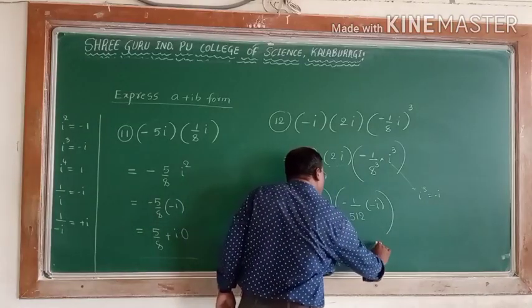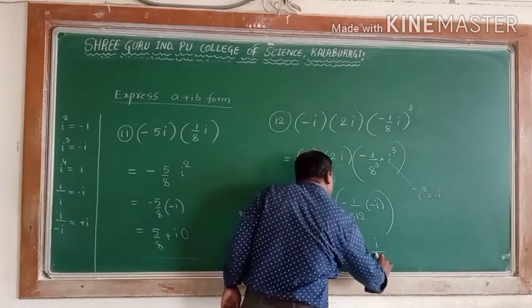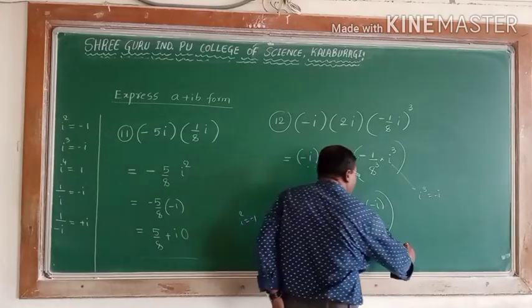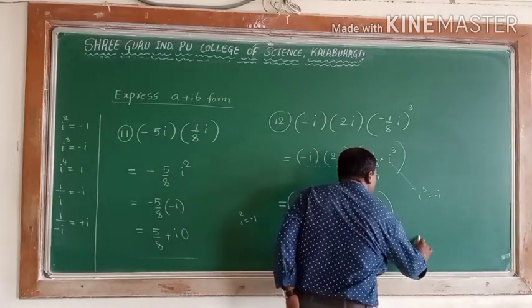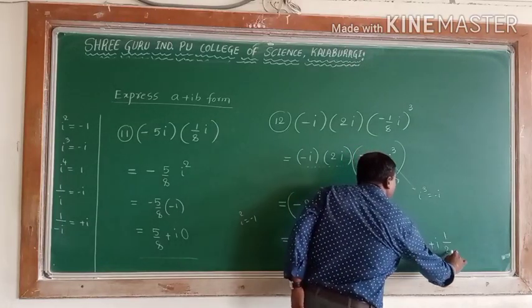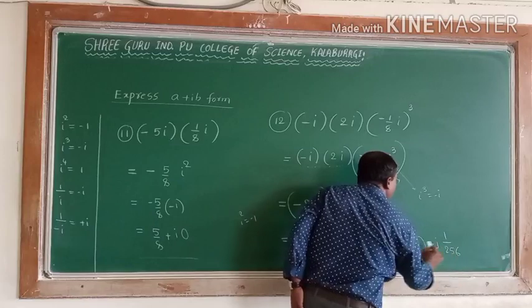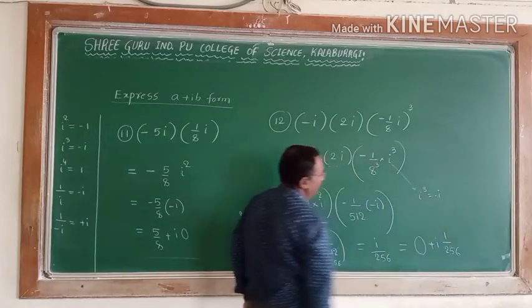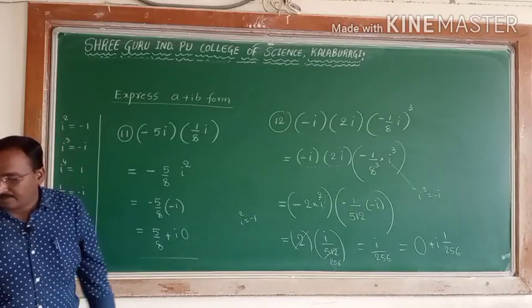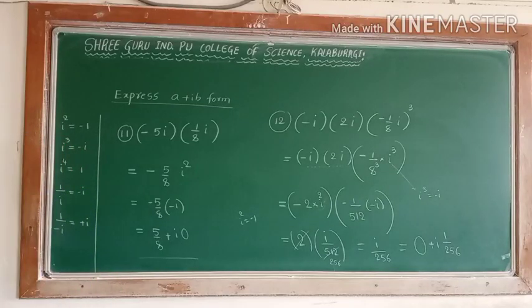That is i by 256. Write real and imaginary parts. Real part is 0, plus i times 1 by 256. A plus iB form. Real part is 0. If there is no part, that part is 0. Example number 12.